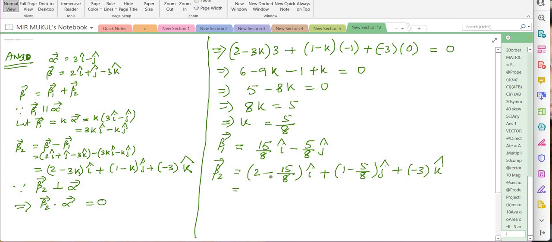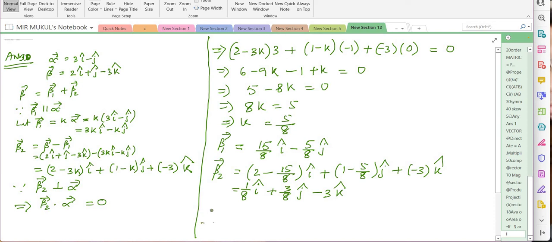So we'll get here 8 to just 16, then 16 minus 15 is 1. So we are getting i. Sorry, here 1 by 8, 8 minus 5 is 3. So here 3 by 8 j we will get, and minus 3k.